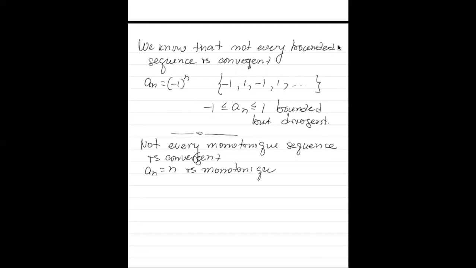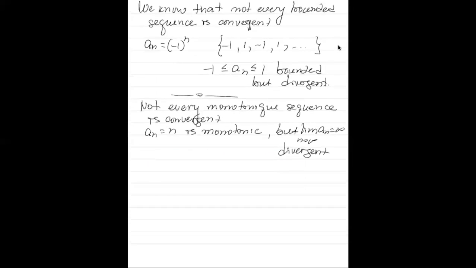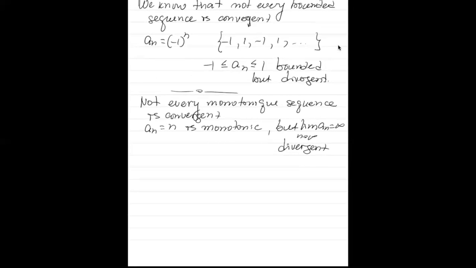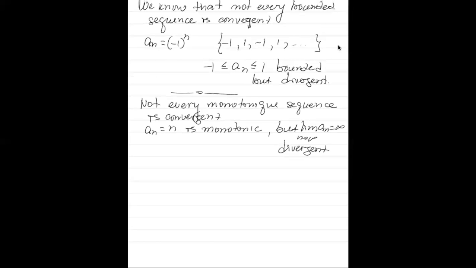Monotonic means either increasing or decreasing. So this is monotonic, 1, 2, 3, 4, and so on. But the limit of that sequence goes to what? Infinity. So it is divergent. So it's not sufficient to have monotonic only or bounded only. You need both.